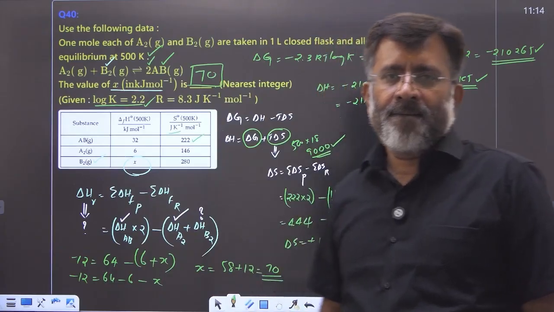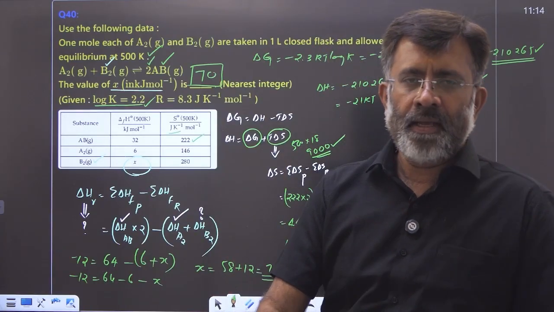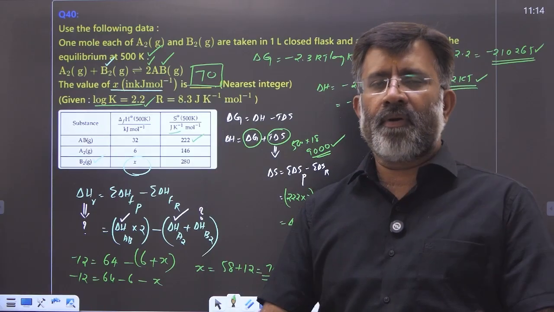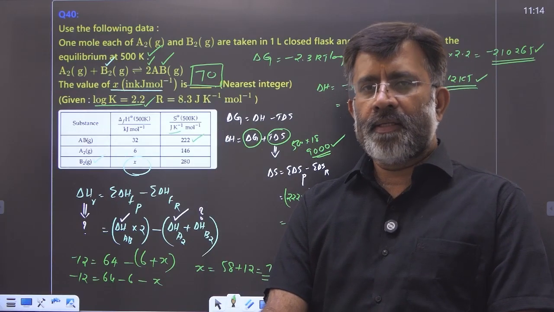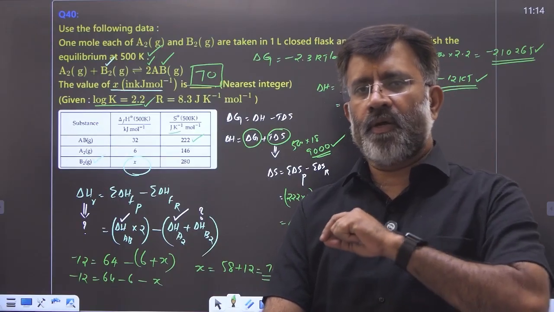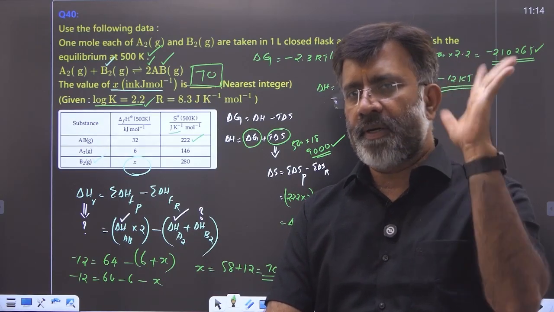Right? So look at the way the question is presented. There are 3 components involved in a reaction: A2, B2, AB. The delta H value of AB is given, that of A2 is given, and we are asked what is B2.